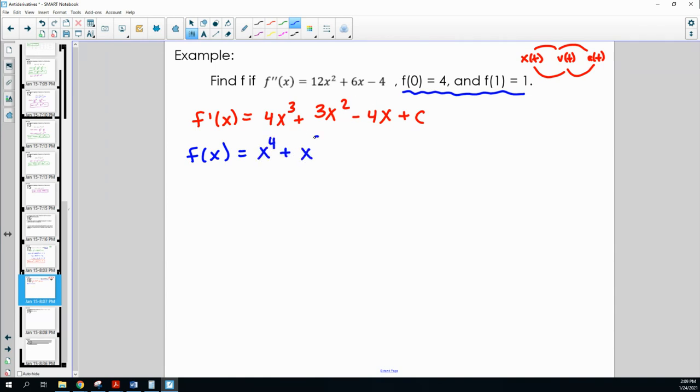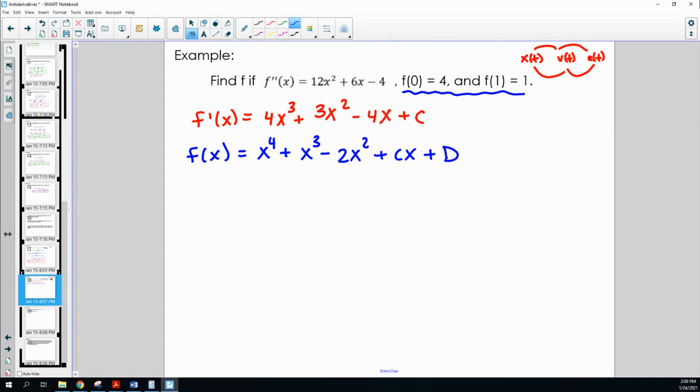So I have x to the third, increase by 1 and then divide it. So I have negative 2x squared. And then this is like cx to the 0. So increase by 1 and divide it. So this is going to give me cx. And then I have another constant because I always have to add an arbitrary constant. But I already use c as a constant, so I'm going to call this one d.